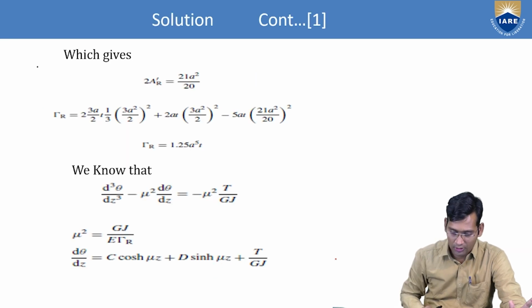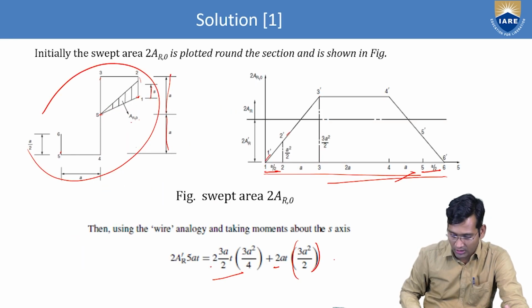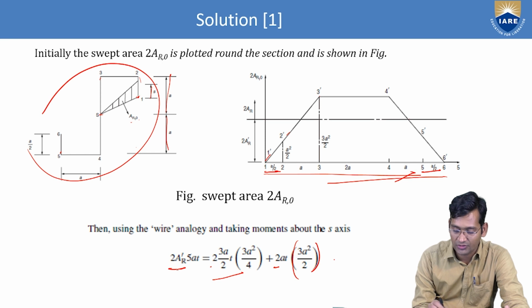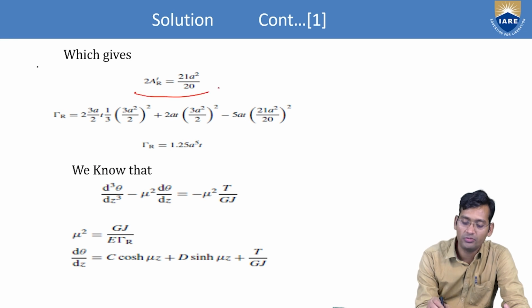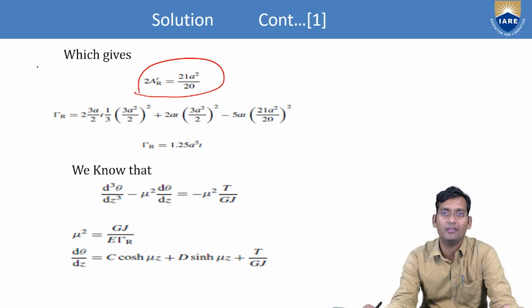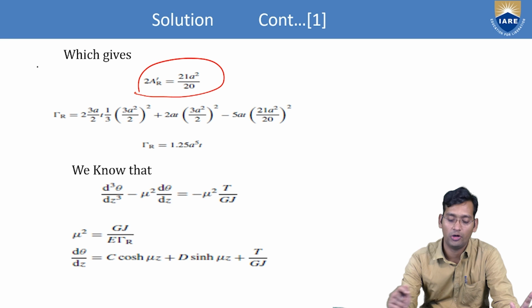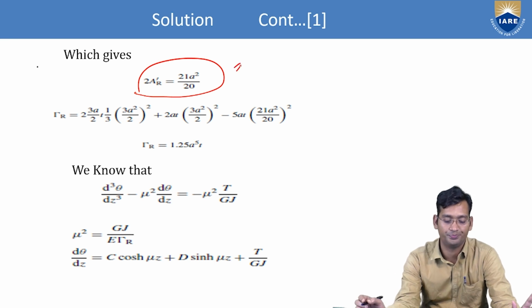Now from here, find 2AR dash, whole divided by 5AT. After simplifying, 2AR dash will give you 21A square by 20.